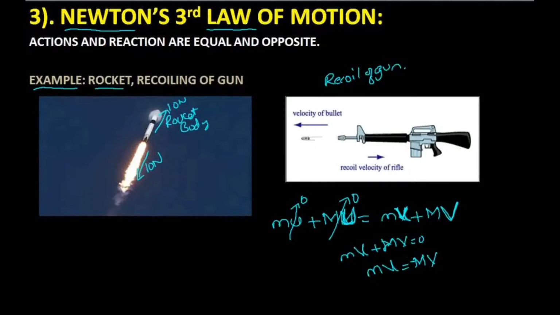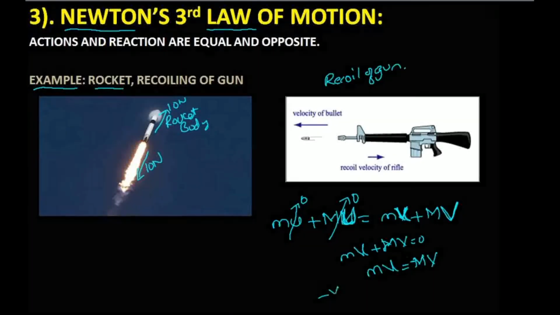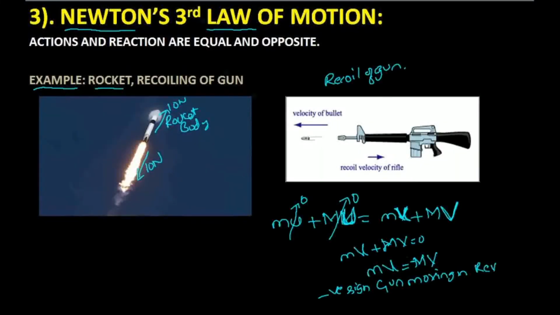This negative sign shows the gun is moving in the reverse direction. This is what Newton's third law says. This is how the recoiling of the gun is calculated: mv plus MV is equal to 0.